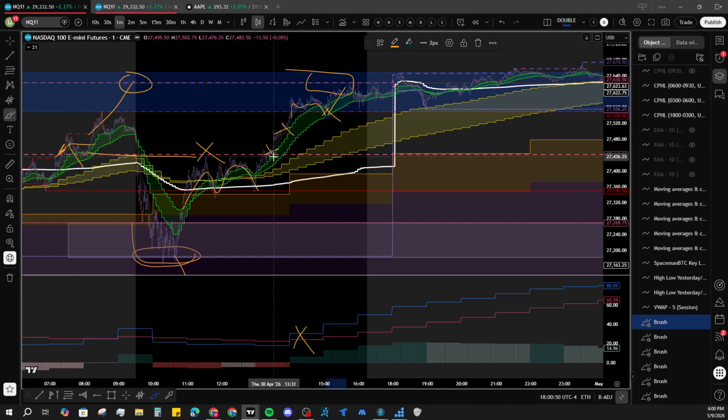But the first time it goes into the green, I might play it heavier. So if my max contract's 20, I'm trying to get to 20 contracts as fast as possible because I think it's going to pop that first time almost all the time. And then the second one, I might only use 10 contracts because I'm a little bit more iffy about it. Even though it should work, it also couldn't work.